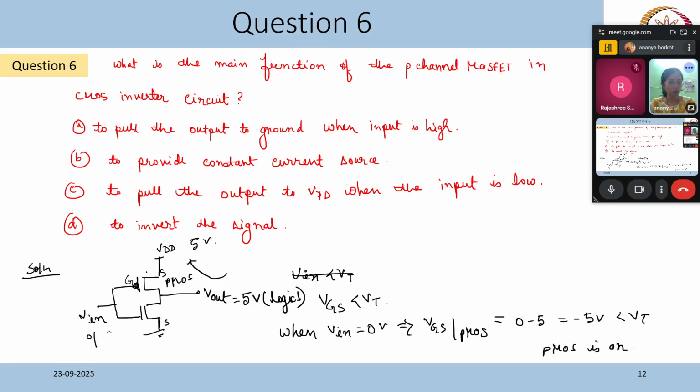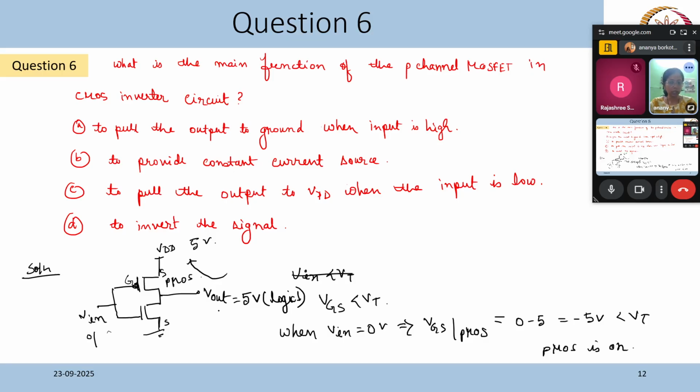PMOS will be off. Why will PMOS be off? So 5 minus 5, that is 0 volt. VGS is 0 for PMOS, and so this condition is not satisfied. So PMOS will be off in that case if our input voltage is high, right? But NMOS will be on, and this path will be on in that case, and our output voltage will be 0 volt.